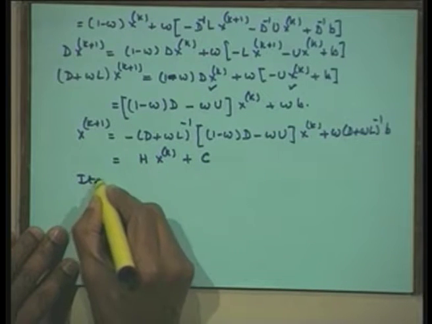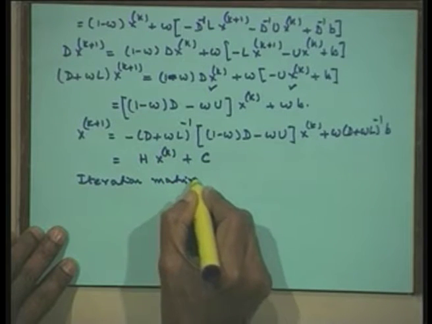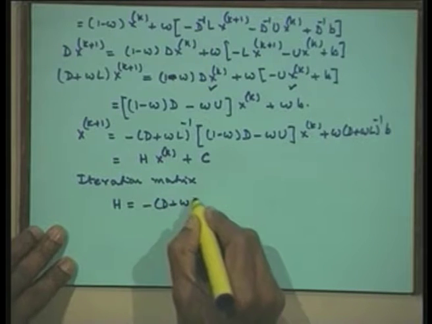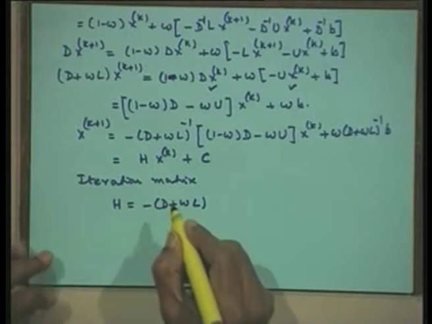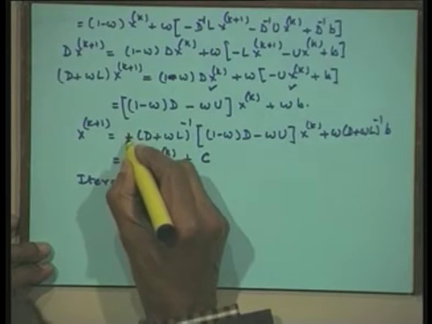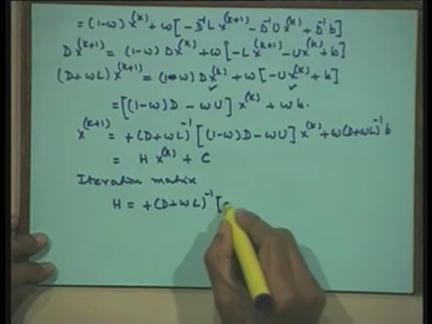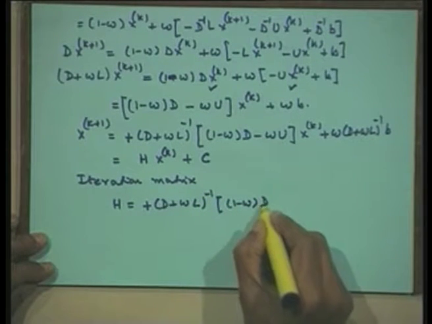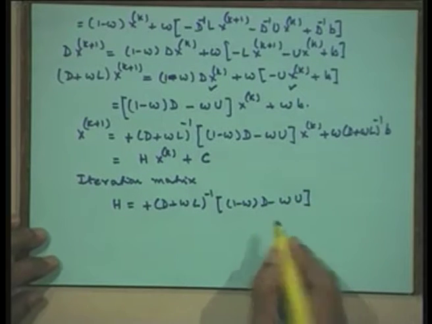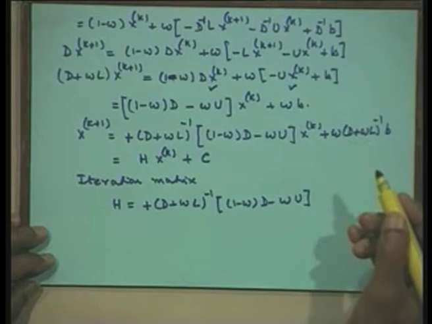Therefore, our iteration matrix H is equal to D plus omega L inverse 1 minus omega of D minus omega of U. Now, there is no minus sign here, there is a plus sign. Now, the properties of this iteration matrix we shall study later on.